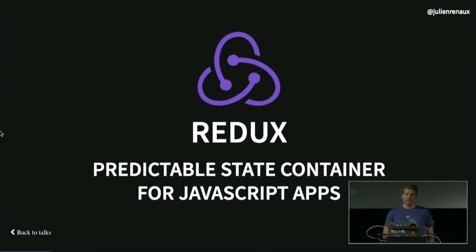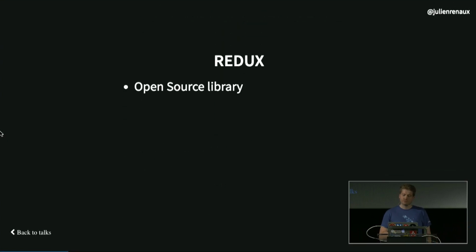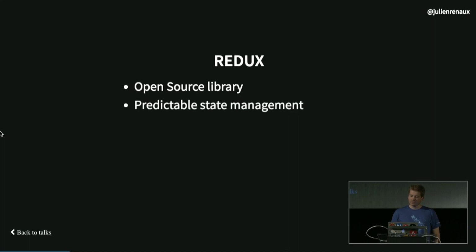So to understand what Ngrxstore is, we must first learn where it is coming from. And Ngrxstore is mainly inspired by Redux. So what is Redux then? Redux is an open source library to manage the state of your app, meaning all the data within your app. The state is predictable, so it is easily testable.